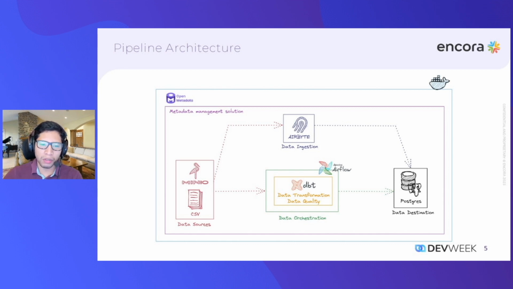We will be using some transformations and applying data quality rules and setting descriptions, all of that using dbt, that it's a framework. And on top of dbt, we will be using Apache Airflow to orchestrate the pipeline. Once we do the transformation, all that data is going to be loaded into Postgres.